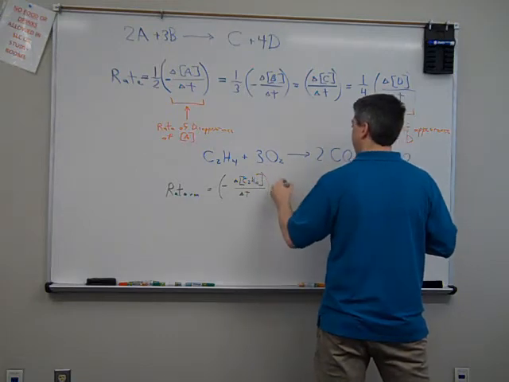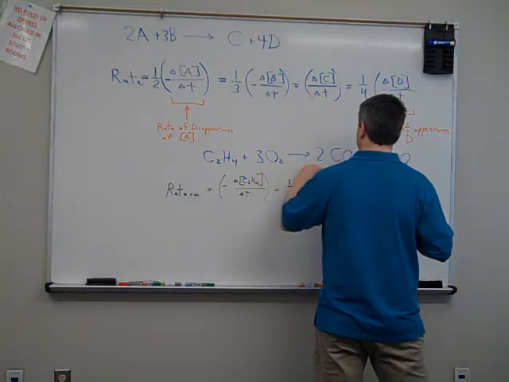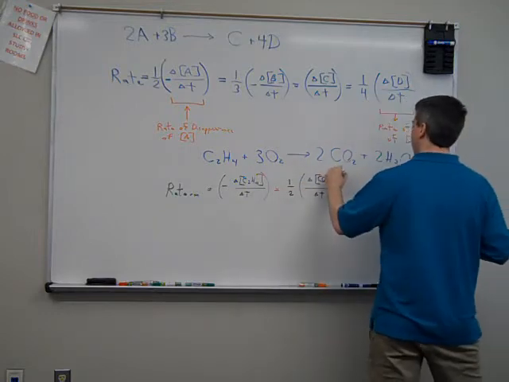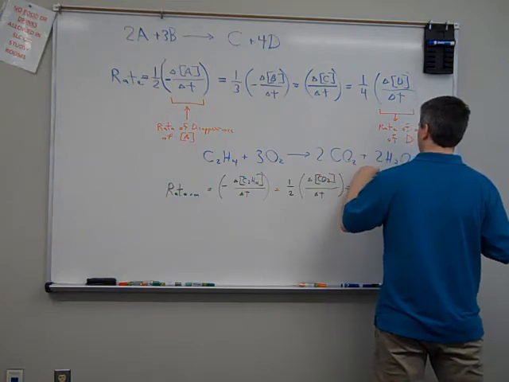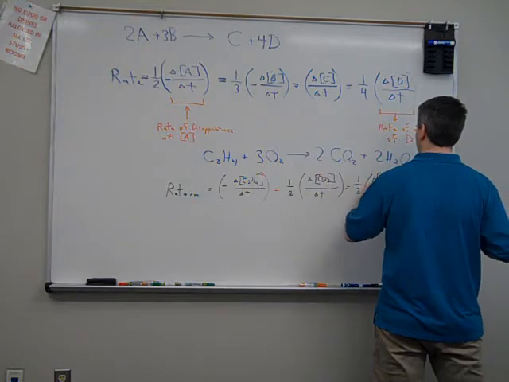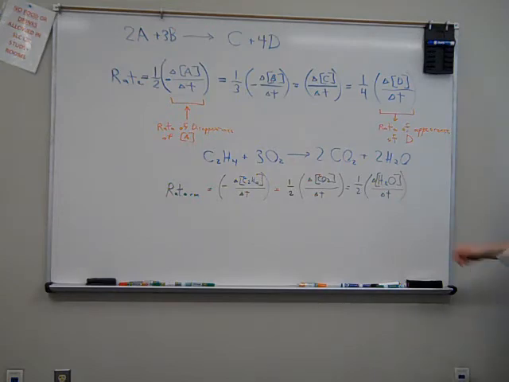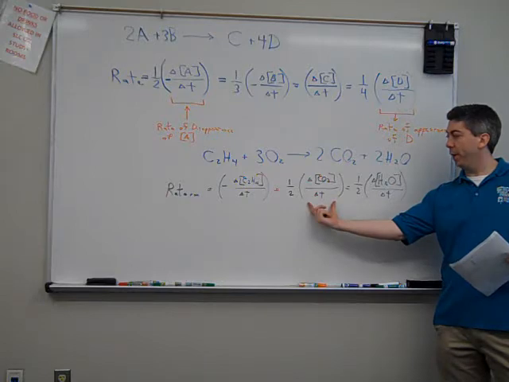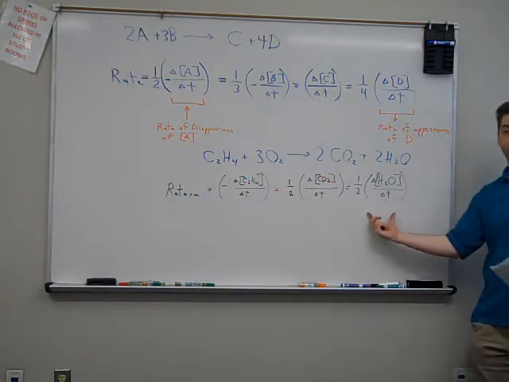I'm going to skip over to the other side. 1/2 times delta CO2 over delta T, which is also equal to 1/2 delta H2O concentration over delta T. Now, one thing you'll probably notice here is that whatever the rate of appearance of CO2 is, what is it in comparison with the rate of appearance of H2O?